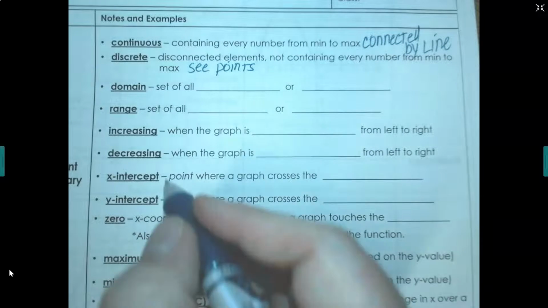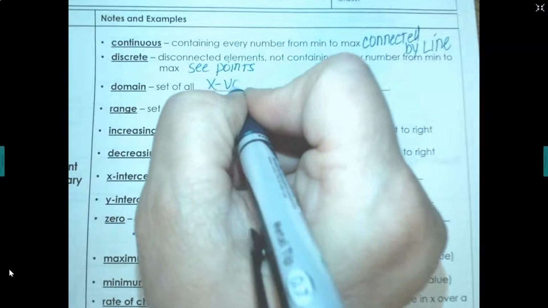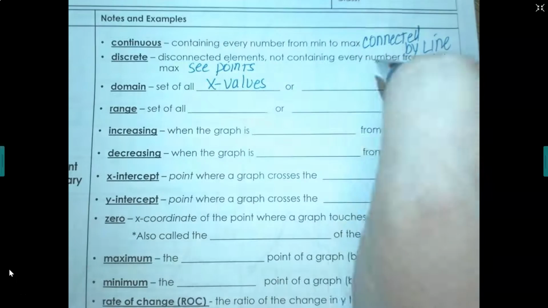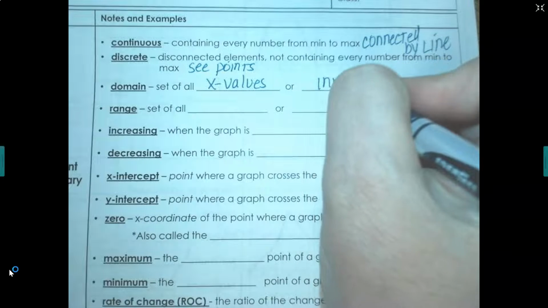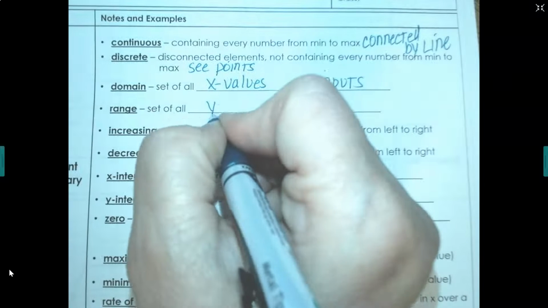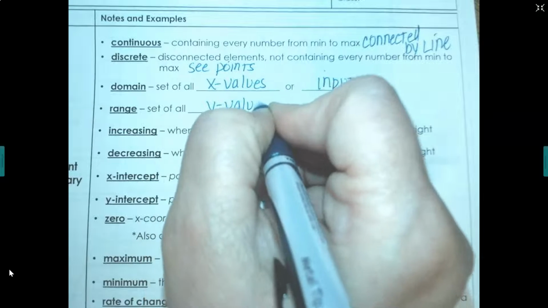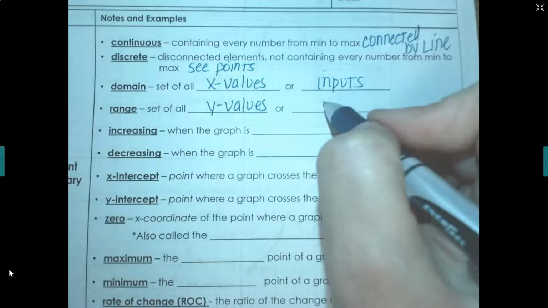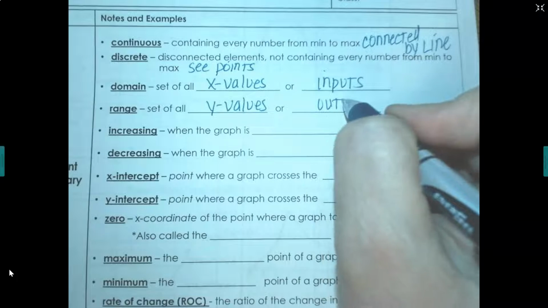So the domain is the set of all x values, which we could also call the inputs. It's what you would plug into an equation. The range is the set of all y values. They're the values you get out when you put in an x, so they're called outputs.